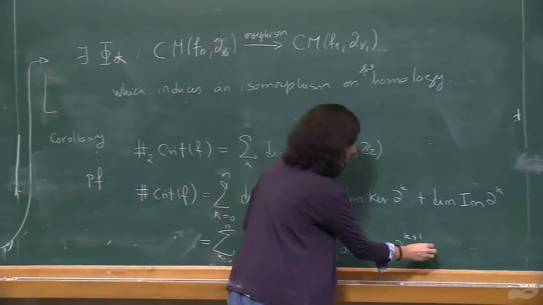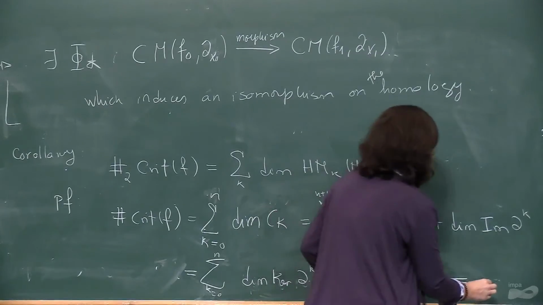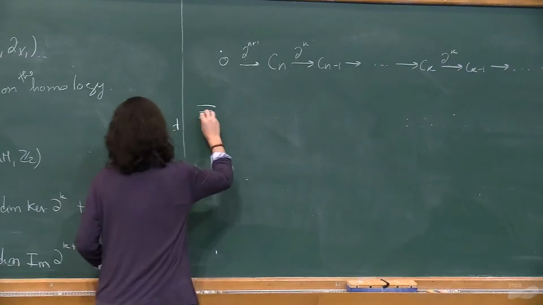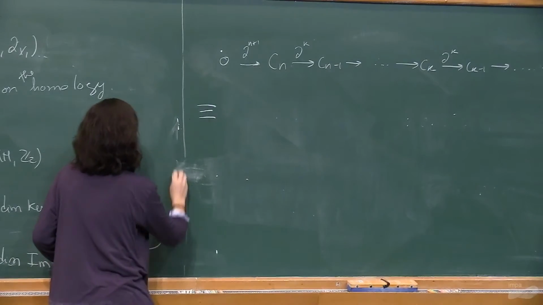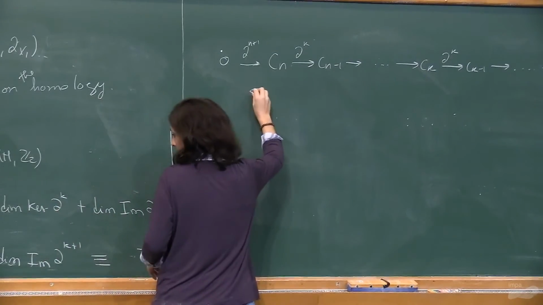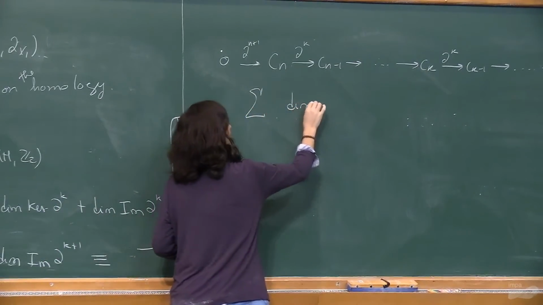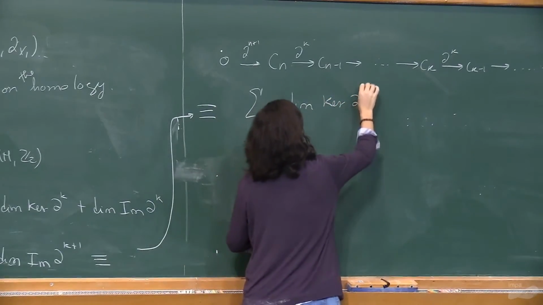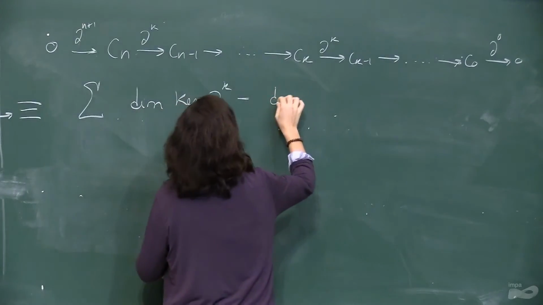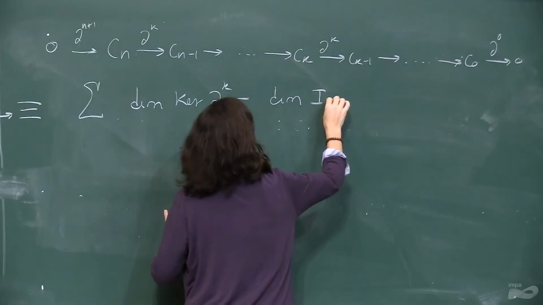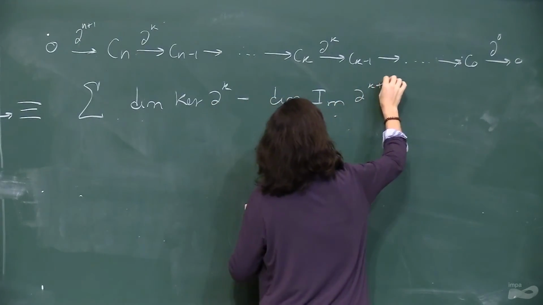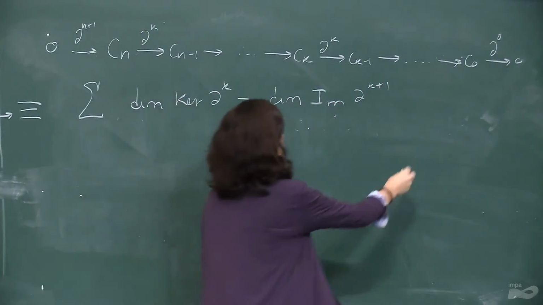But mod 2, this is the same as the sum of the dimension of the kernel of delta k minus the dimension of the image of delta k plus 1, mod 2.